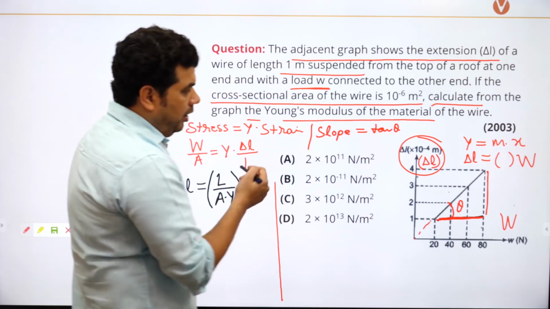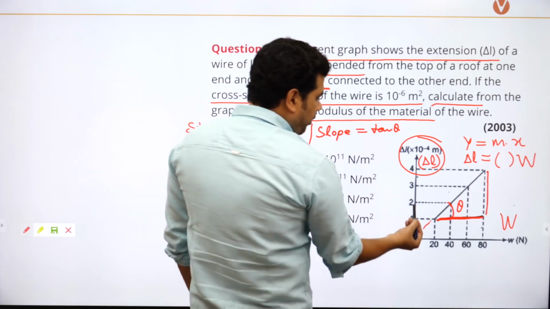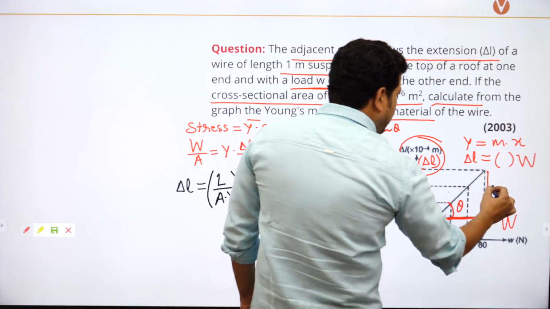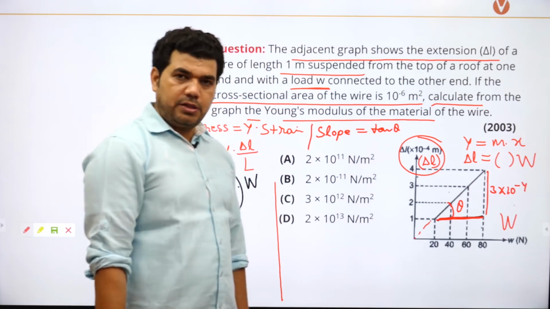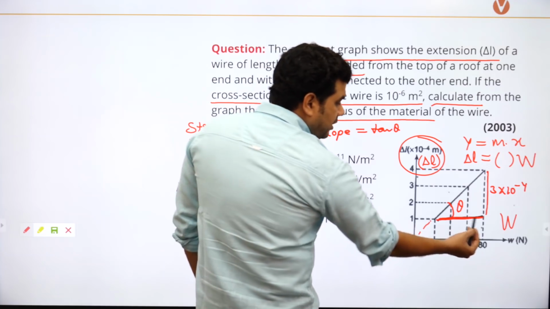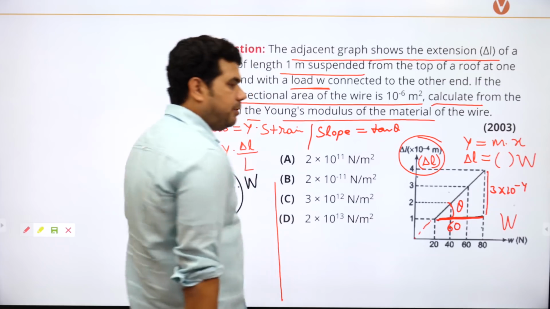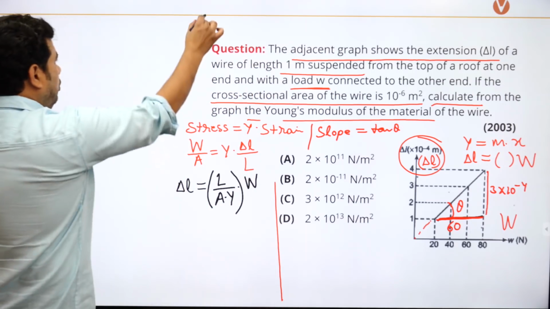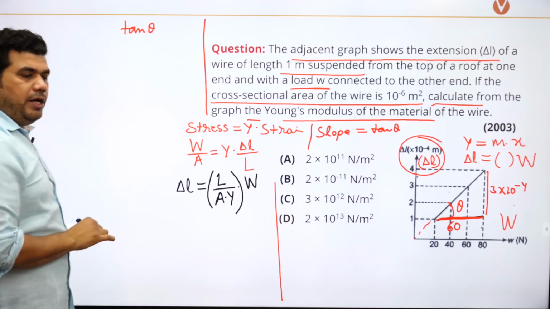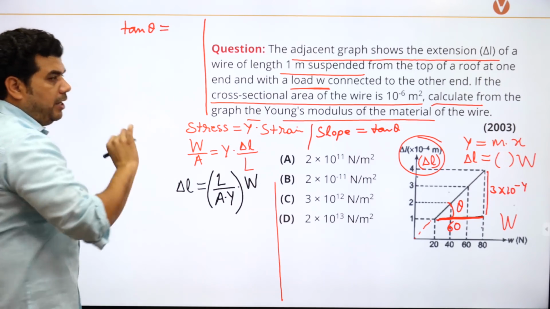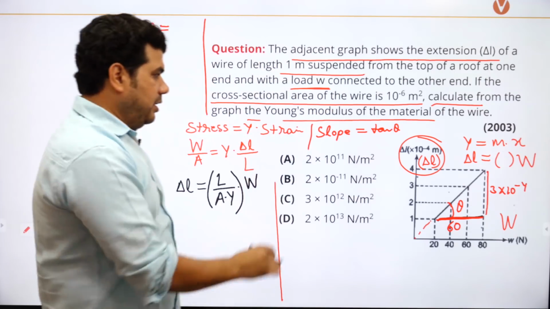So from this triangle we can say perpendicular and base. The perpendicular is 1 to 4, that is 3 into 10 to the power minus 4. Right? And here this line is the base 80 and this 20, so we can say here 20. So what should be the slope? Slope is tan theta, and tan theta is perpendicular upon base.